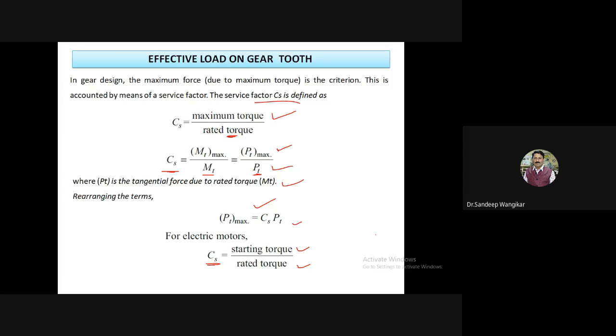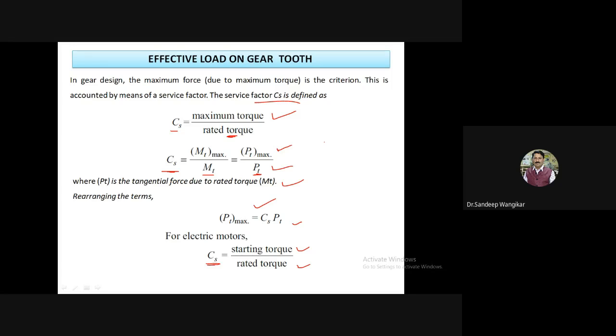Rated is the general torque which we consider for our calculation purposes. I just wanted to give this example for better understanding. So service factor CS is given by maximum torque divided by rated torque, and CS is nothing but starting torque divided by rated torque for an electric motor. For other cases, I will say maximum torque divided by rated torque.